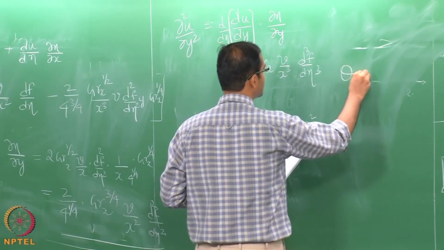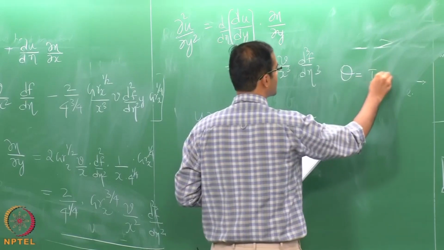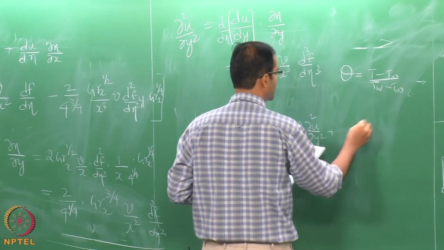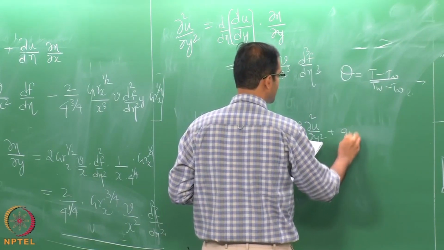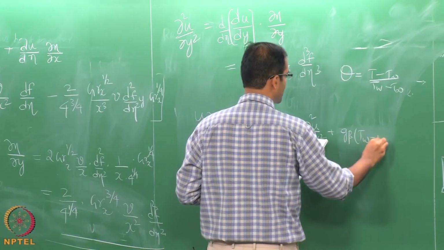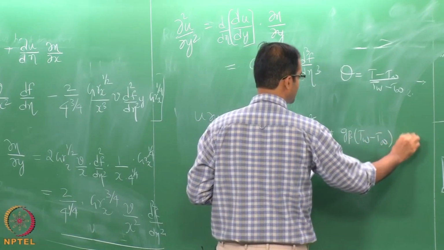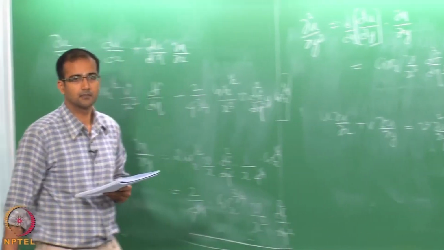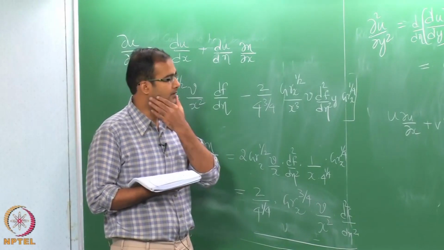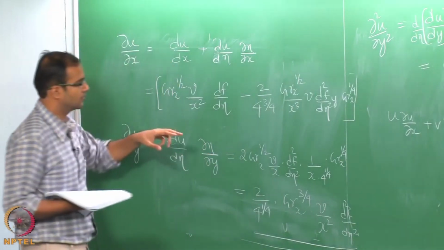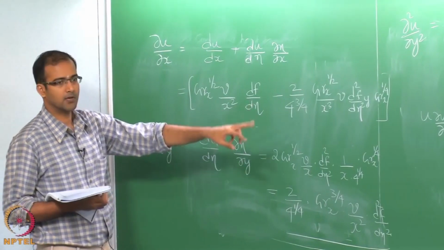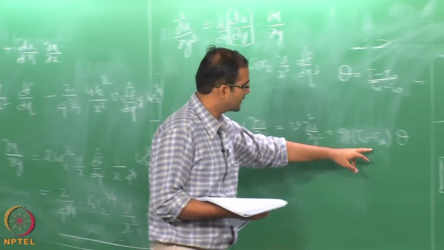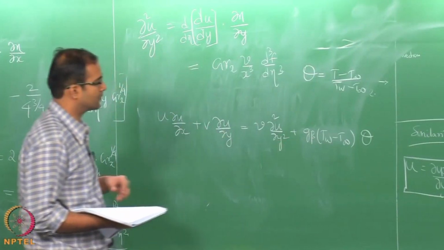We can now define for the constant wall temperature case T minus T infinity by T wall minus T infinity as theta, and therefore, we can write this as g beta into T wall minus T infinity into theta. Okay. So, you can go ahead and plug for u du by dx, v du by dy, d square u by dy square and g beta into T wall minus T infinity, you can write this in terms of Grashof number again.